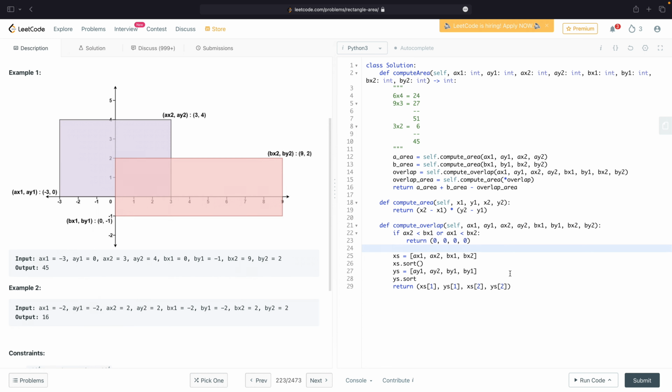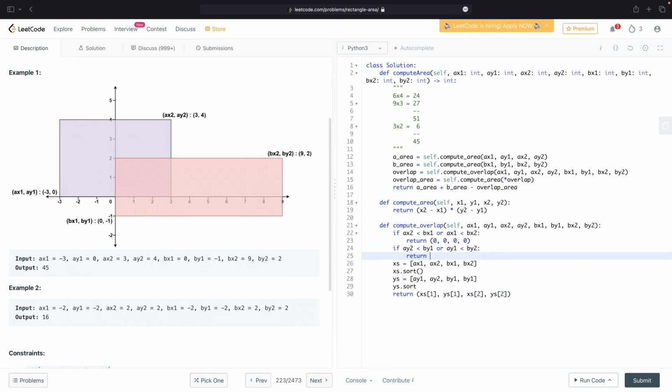Similarly, we need to do something for the y. If ay2 is less than by1, or ay1 is less than by2, return 0, 0, 0, 0.